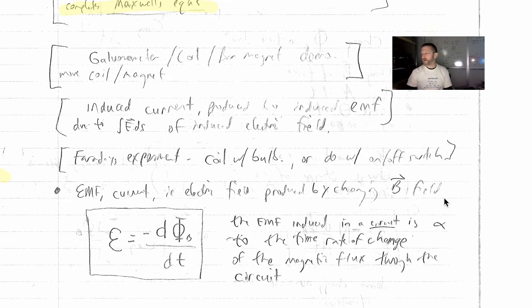This right here is the most basic form of Faraday's Law. The EMF is the negative time rate of change of magnetic flux. So EMF is negative d phi B dt.